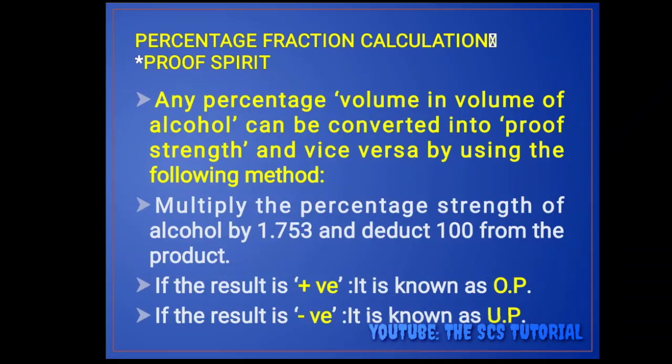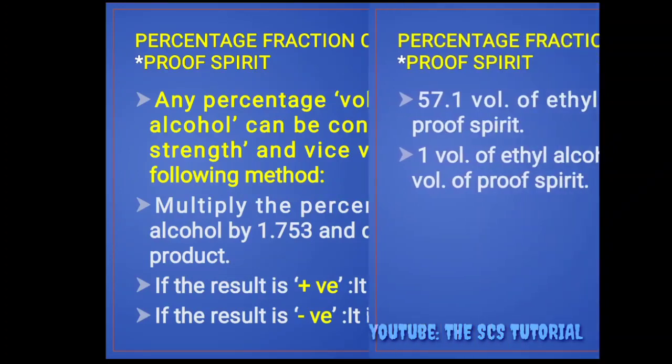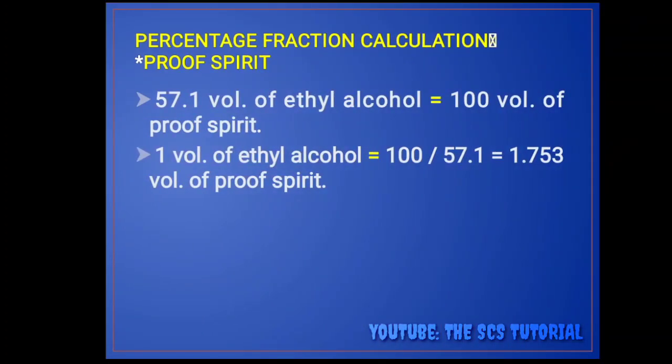If the result is in positive terms, then it will be overproof, and if the result comes in negative terms, then it will be known as underproof.